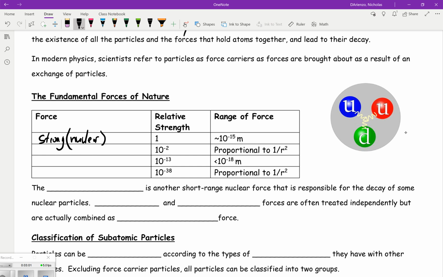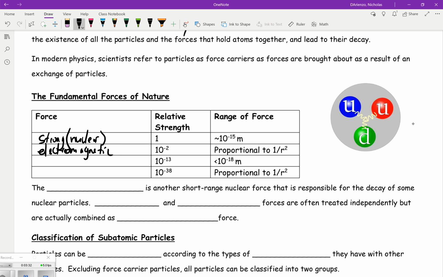The range of the force is very small, though. We know that it dissipates very quickly, so it's only effective over a very short distance. The next strongest force is our electromagnetic, which is really 2, which we'll get into in a minute, combined into 1. And it is about 100 times weaker than the strong nuclear force.